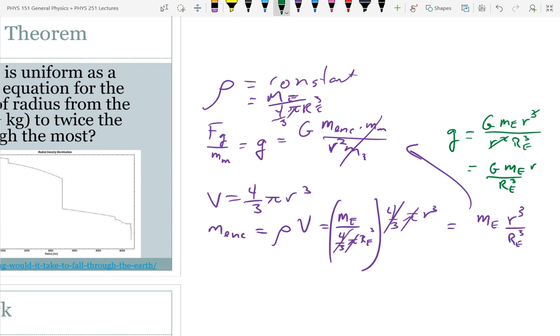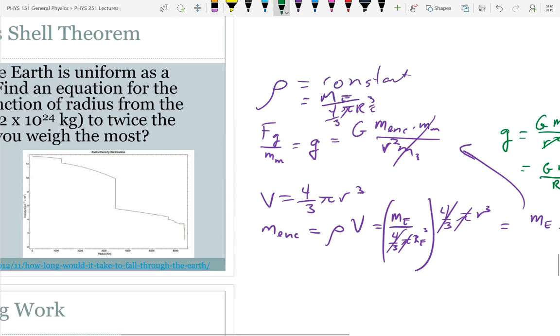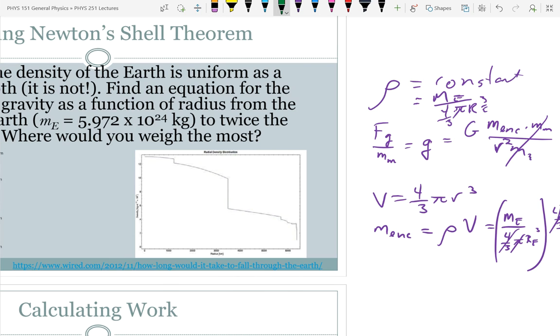Realistically, how is it going to be different from that? Okay, the density is much lower near the surface. If you look at this graph I gave you, out here is the surface, and here's the center.